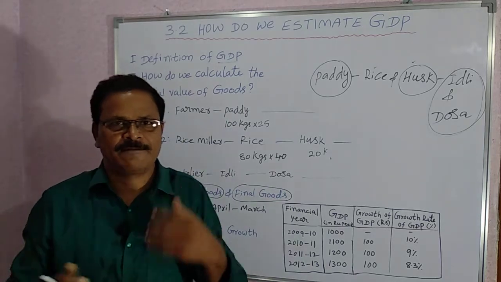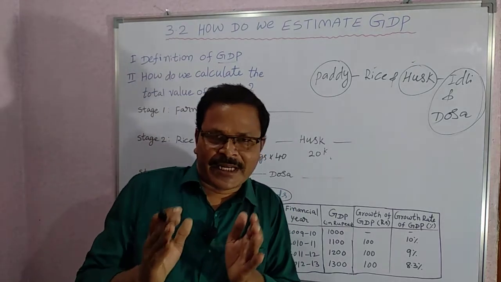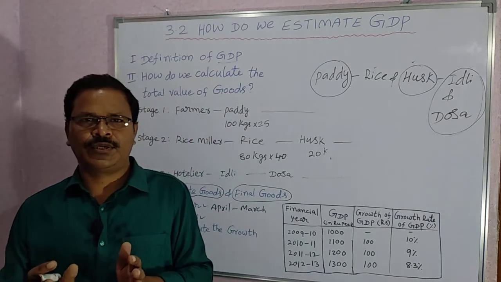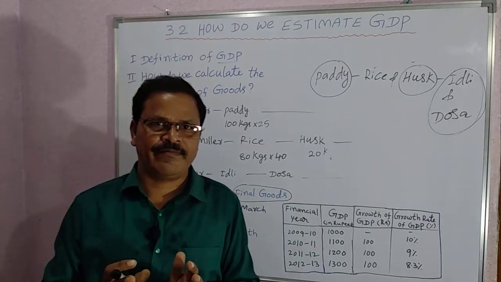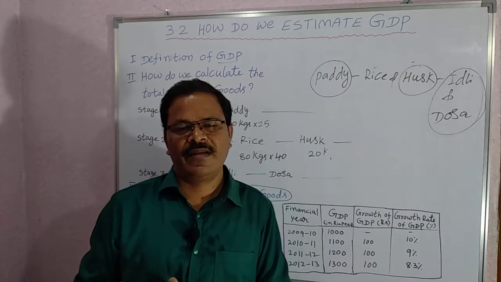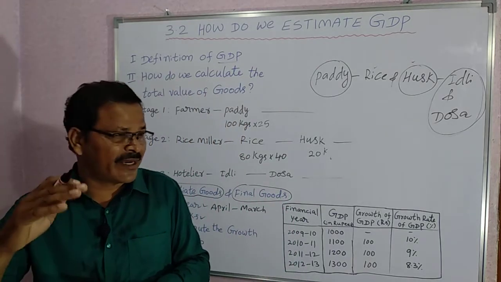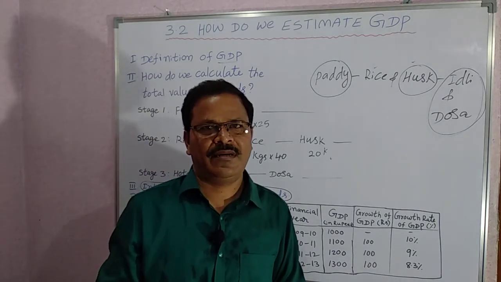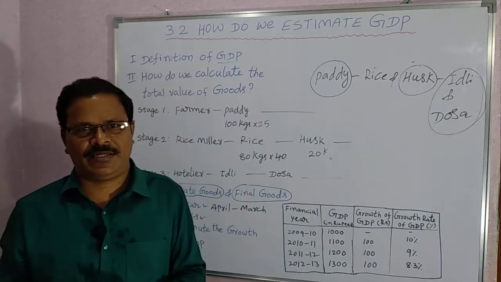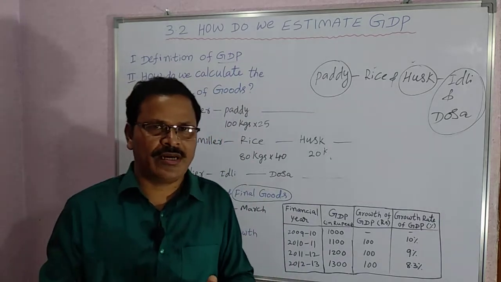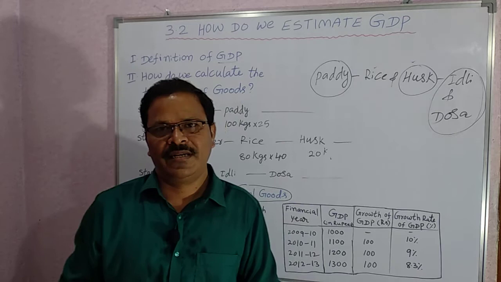I am repeating this: GDP records only the final goods or services produced, but there are many activities that are not sold or purchased in the market.